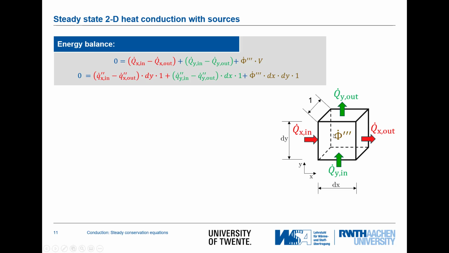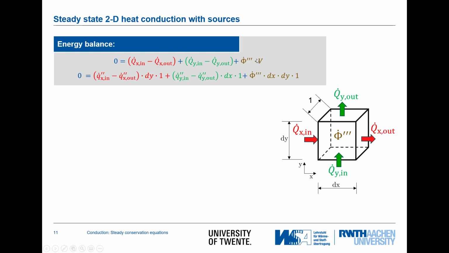But in addition, now we have a volumetric heat source Q dot triple dash. This volumetric heat source needs to be multiplied by the volume of the cell to be of the same unit, watt.